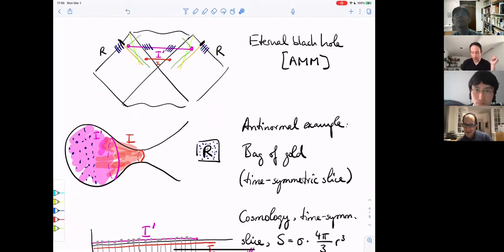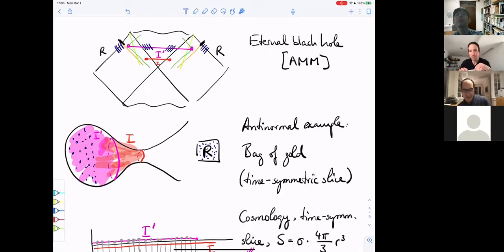So here's an example where you could start with an anti-normal surface, right? If you have a bag of gold, this would be an anti-normal region I prime, and the actual island in that case is sort of bigger. That can happen, but I think in the interesting cases, you usually would have a normal one. Yeah, I guess in this case you could move the surface to the other side. Yeah, I guess it just depends.